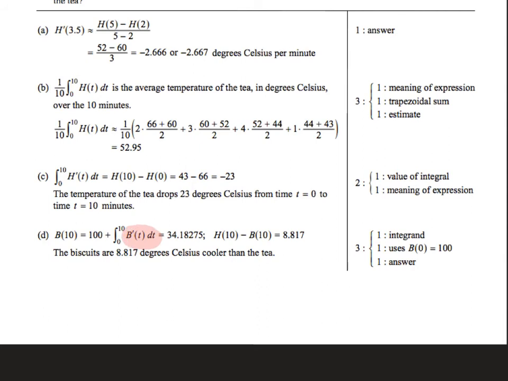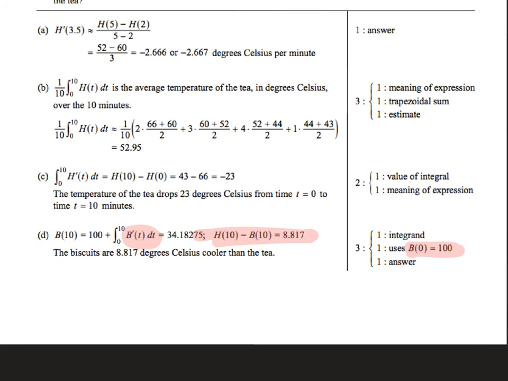So if you're taking the integral of B prime of t, the function up above, then you're going to get a point for that. Second point, using the initial conditions that the biscuits come out of the oven at 100 degrees. And then your third point is recognizing that you need to subtract the 2 because the problem does ask you for the difference between the biscuits and the tea.